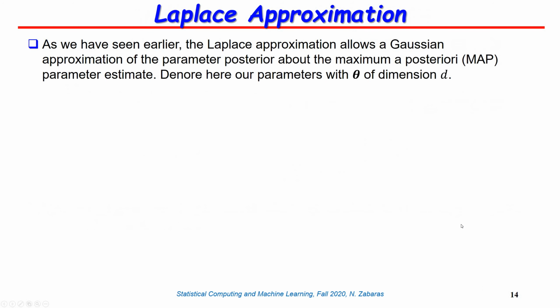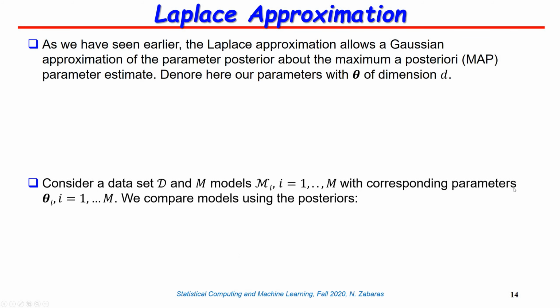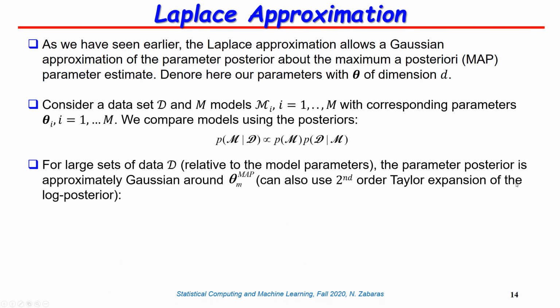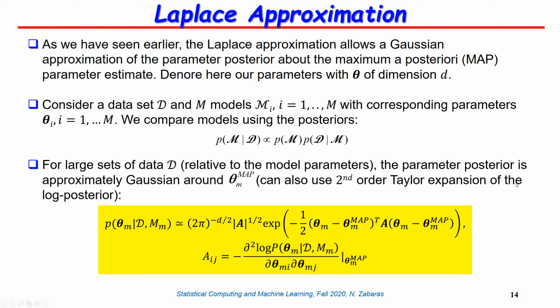Okay, now we had revisited, if you remember, this calculation of the marginal likelihood by using the Laplace approximation. And for those who forgot, I am going to remind you that the Laplace approximation looks for a Gaussian approximation of the posterior of your parameters.